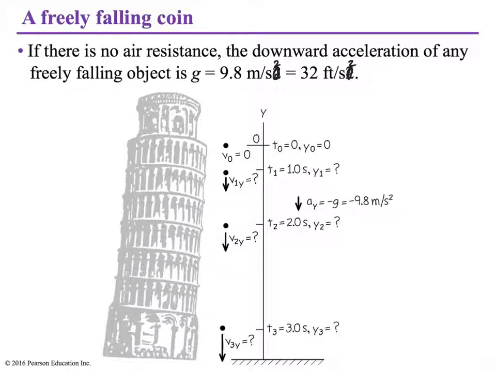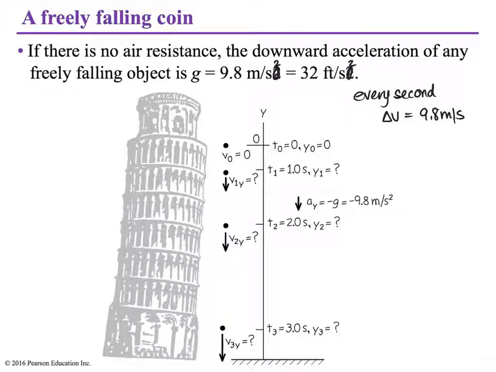What would happen if we drop something from the top of the Leaning Tower of Pisa? How fast would it be moving? The acceleration due to gravity means that every second, the change in velocity is 9.8 meters per second, which is what acceleration means.